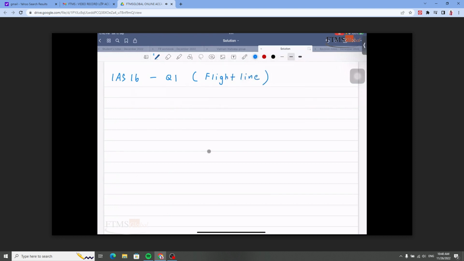So actually what they are trying to say is from 1st April 2005 to 31st March 2008, the number of hours is 10,008 hours. So that's what they are trying to say.